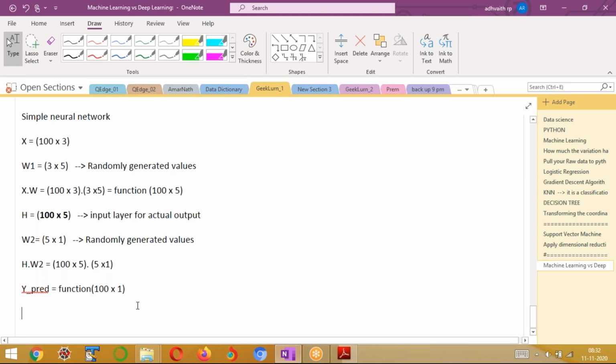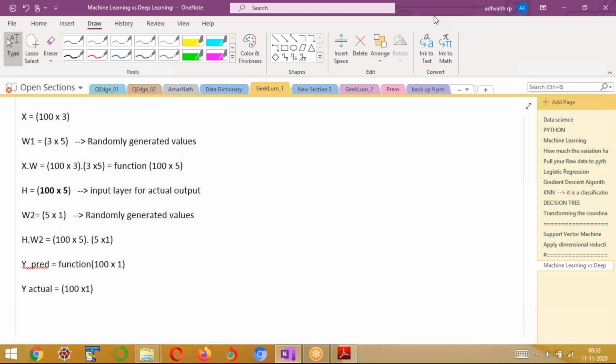Now you have your y predicted values, and now you have your y actual values. What is your y actual values? 100 by 1. What's next, guys? Now you should tell me. You already know about it. What should I do next?